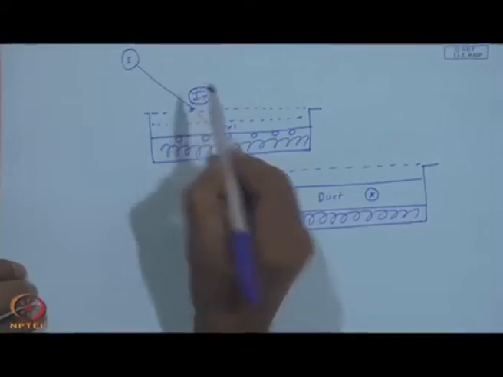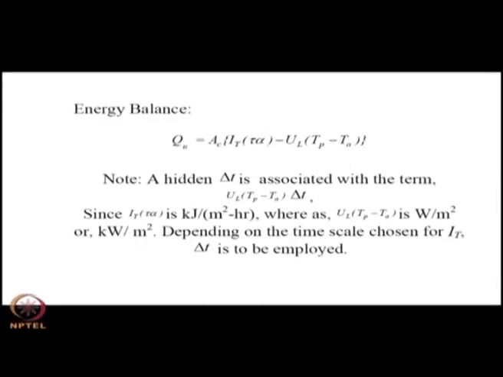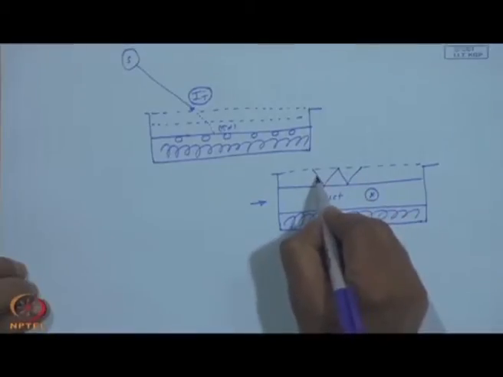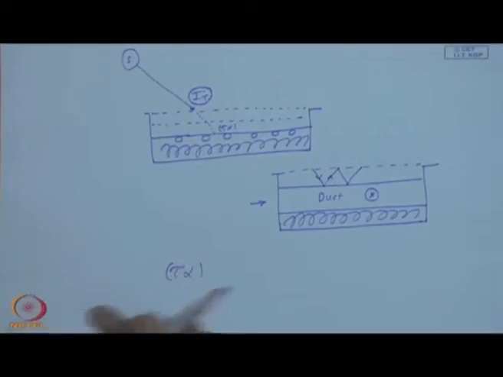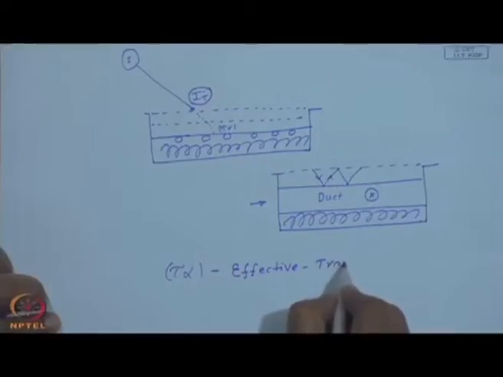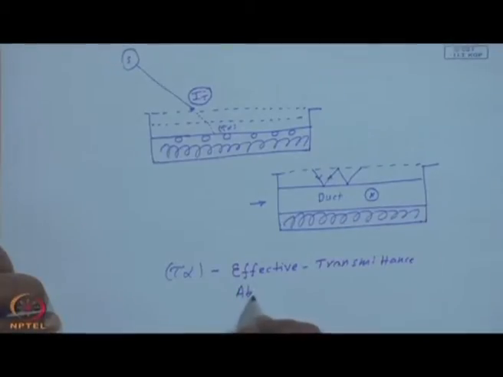This is only to understand that the incoming radiation I t, for which we have made elaborate calculations, will be transmitted through the glass covers and will be absorbed, and there will be several multiple reflections between the glass cover and the absorber plate, making that tau alpha within brackets, which I shall call the effective transmittance absorptance product.